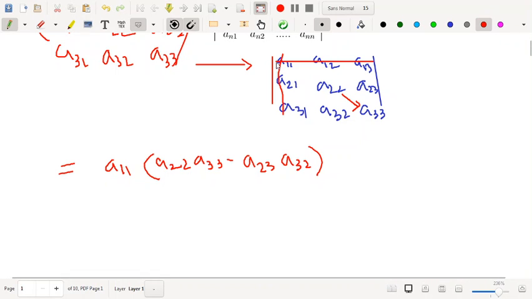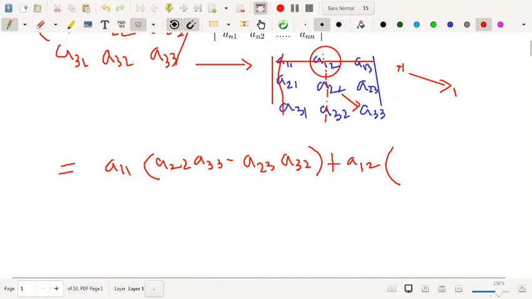Next, you are considering the first row but the second column. So your intersection element is A12, and I am writing plus A12. In the first case we used the rule heaven to hell for cross multiplication.